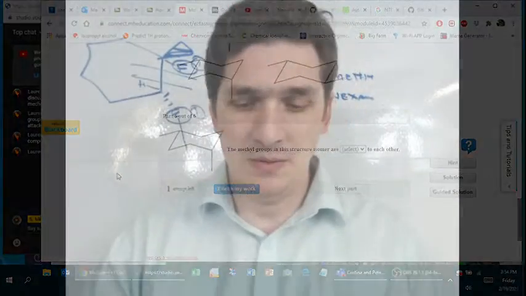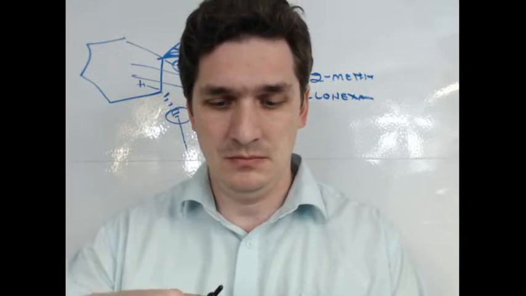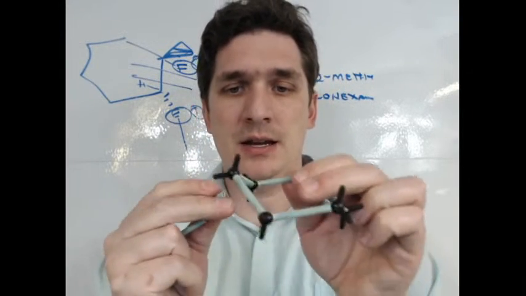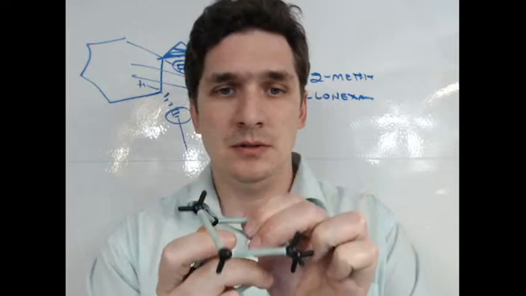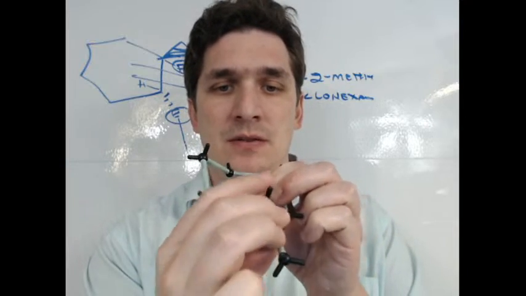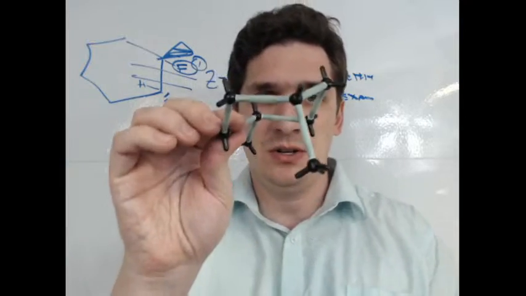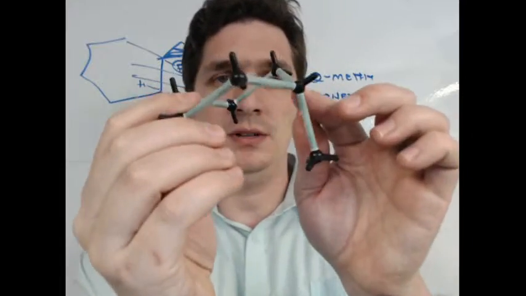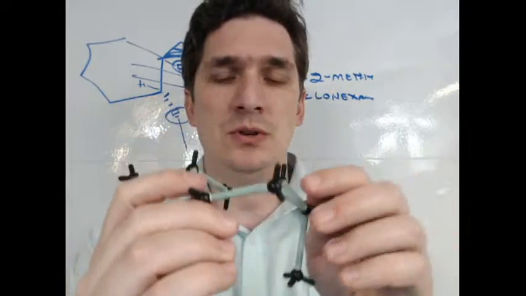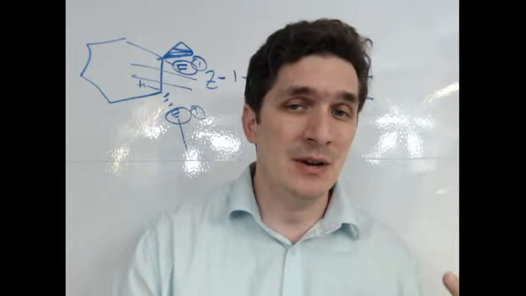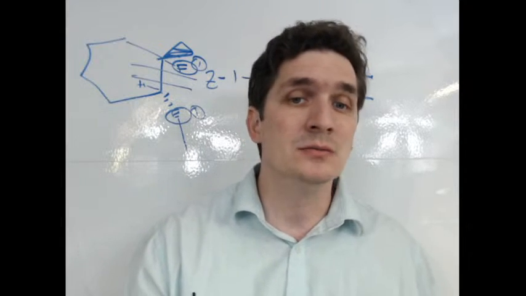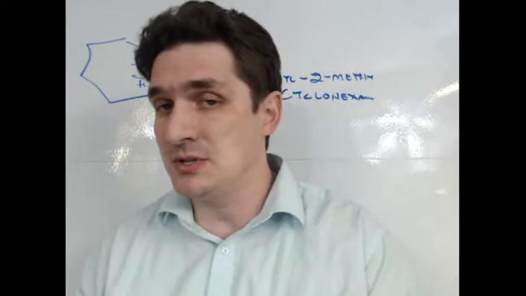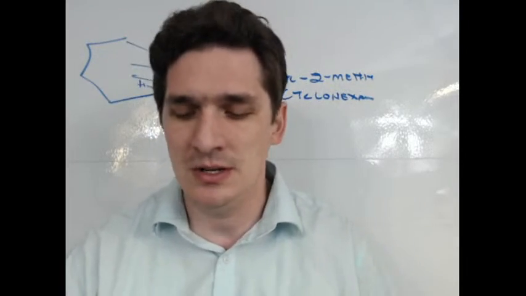Again, I'm going to build my chair conformation. And I've got one going down. And I've got the other sitting off axial. So if you look at that structure, this is what it looks like. I've got the one going down, the other being equatorial. Honestly, the nice thing about the symmetry with this, it doesn't matter. I mean, the program's going to penalize you for not considering what's C1.